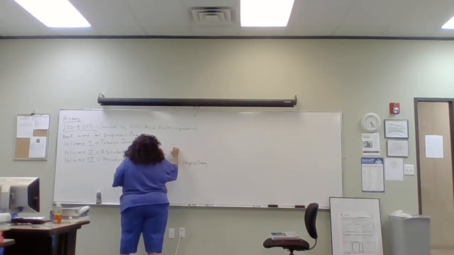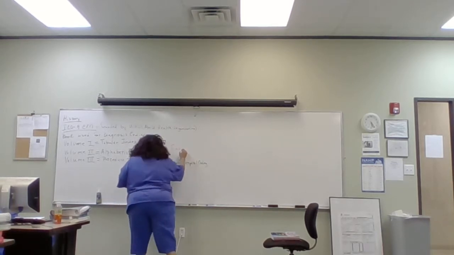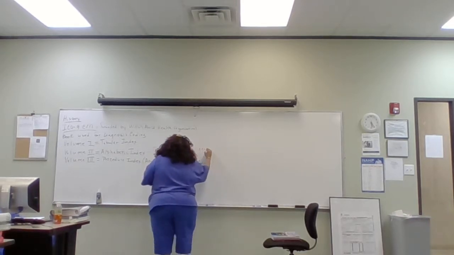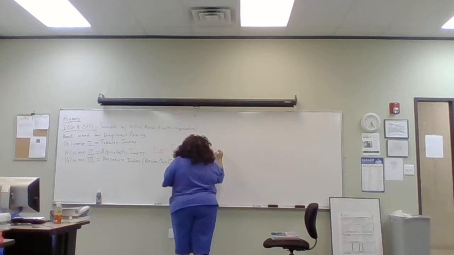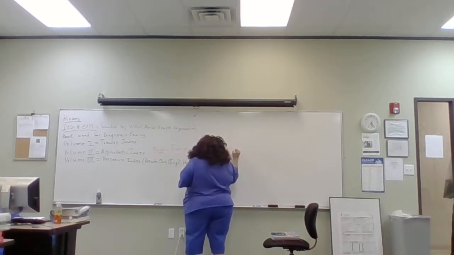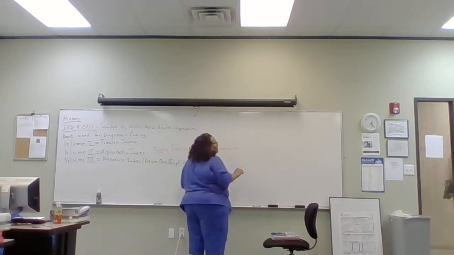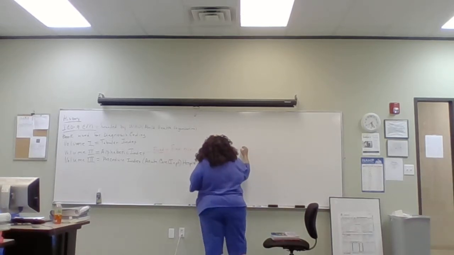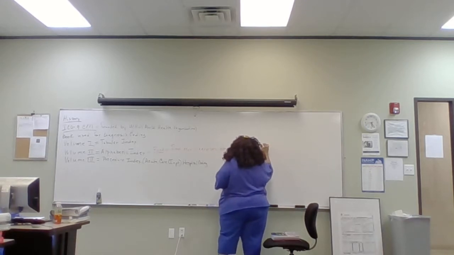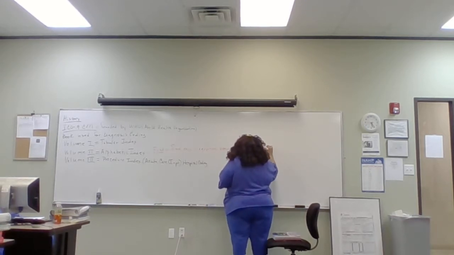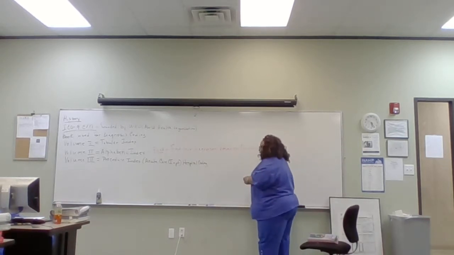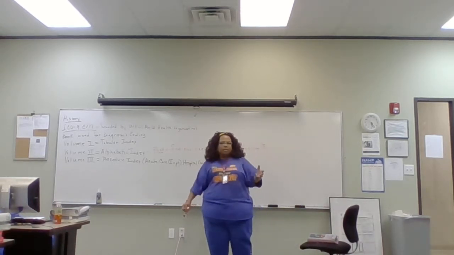We have to find our diagnoses based on, yes, thank you, based on condition. Okay, based on condition. Now, let me give an example of condition. Condition could be bronchitis.